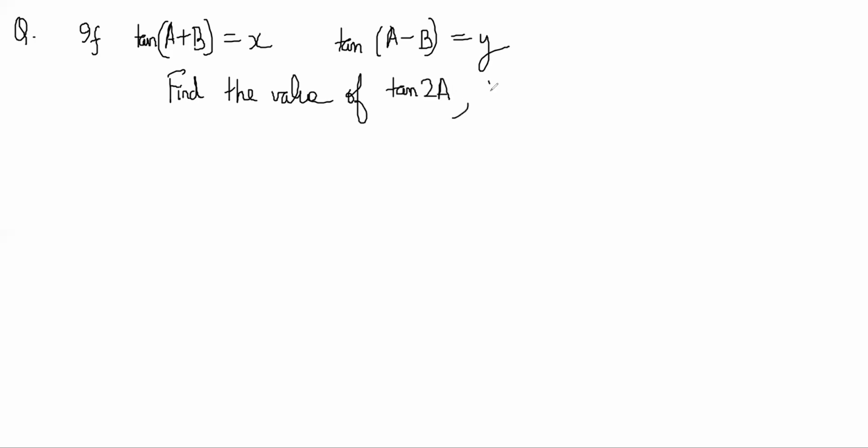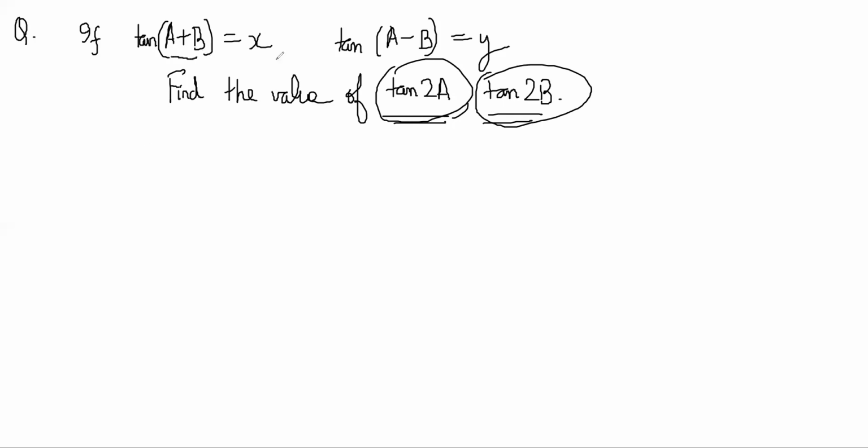Now tell me, after the last bit of stuff that I was saying, what is the one thing that you notice immediately now? Pay attention and think of what you can notice now. What do you need? You need tan 2a, and you have a plus b and a minus b. So what should you think of?